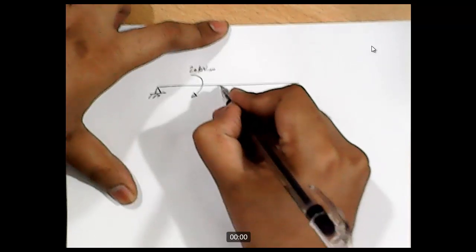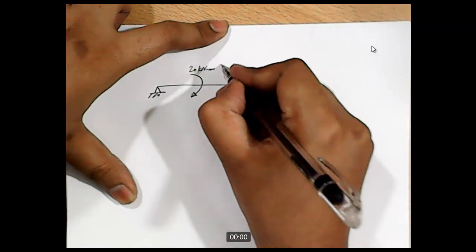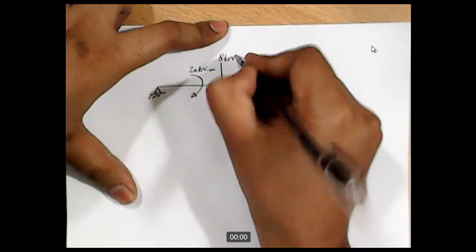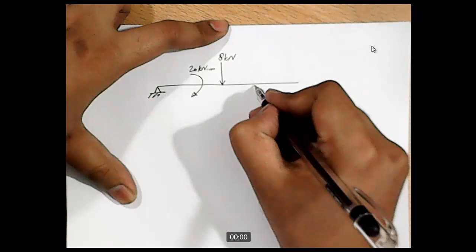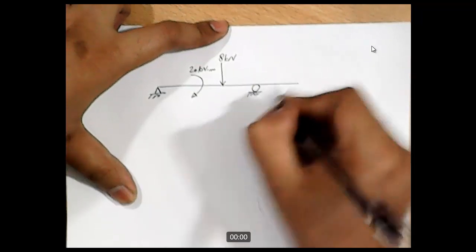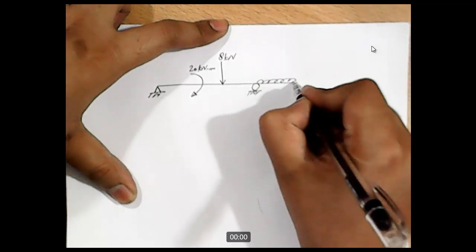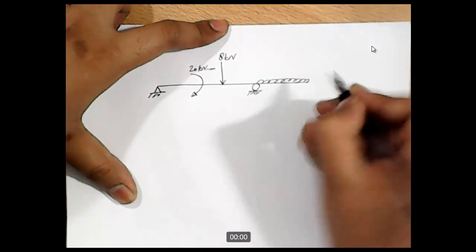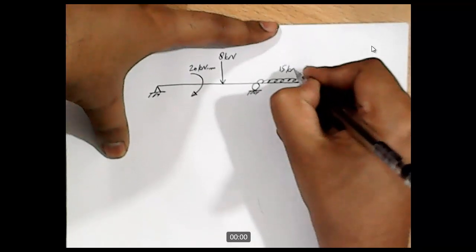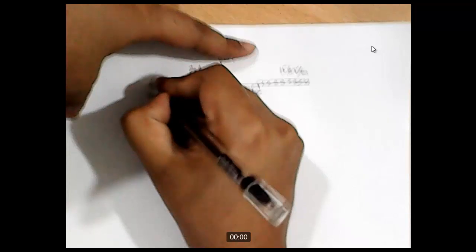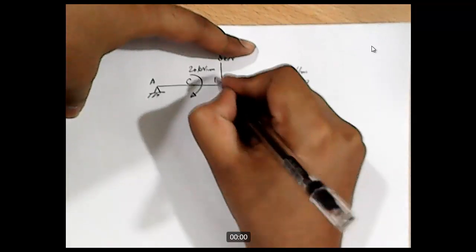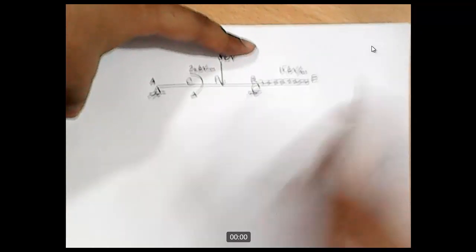We have this force acting in downward direction. This is 8 kilonewton, and then we have a roller support here, and we have a UDL here. UDL is 15 kilonewton per meter. These points are A, B, C, D and E.